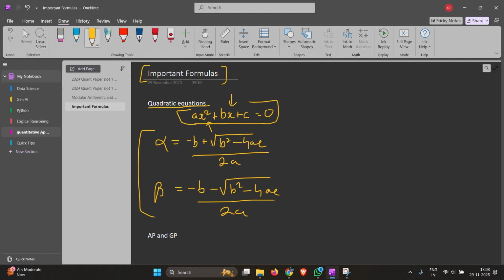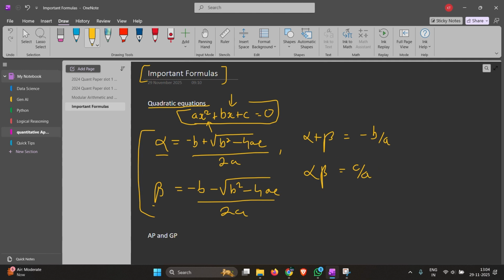Let's say you're dealing with a question where you want to get some equations regarding the roots and not actually find the roots themselves, or maybe find the sum of the roots or the product of the roots. In that case, you can directly use the formula: the sum of the roots, alpha plus beta, is minus b by a, and the product of the roots, alpha beta, is c by a.